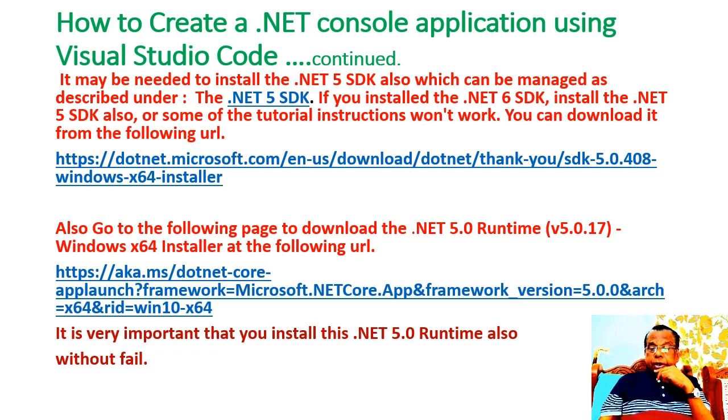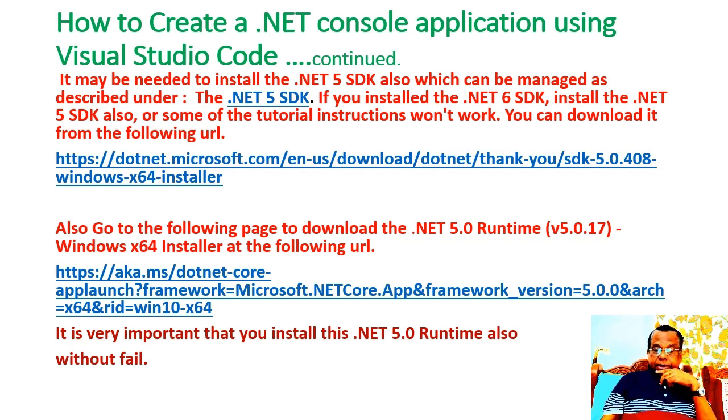You can download it from the following URL. See, you can just download this .NET 5 SDK from this URL. This is actually the installer. You can download it from this particular URL. Fine. You go to this page and install it.